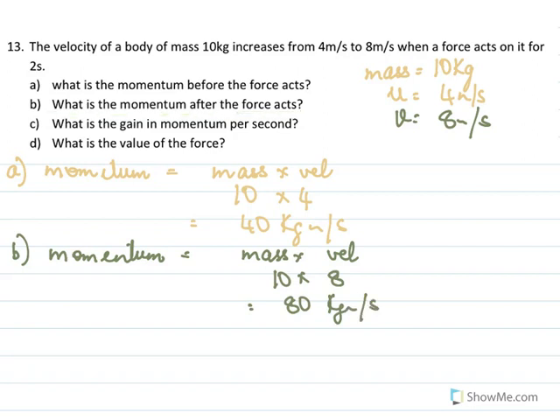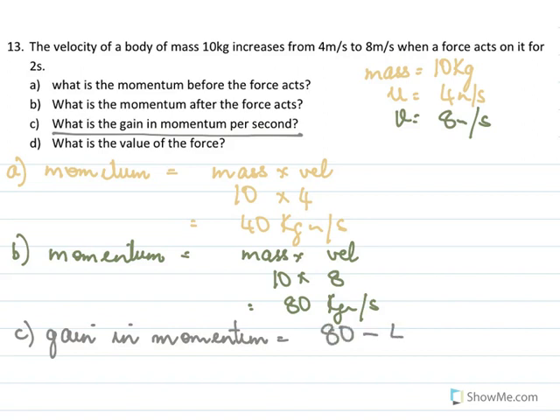In the next part, what is the gain in momentum? So we have to find here what is the gain in momentum per second. So to find the gain in momentum is final momentum 80 minus initial momentum. So gain in momentum is 40. Here it is said to find out gain in momentum per second.